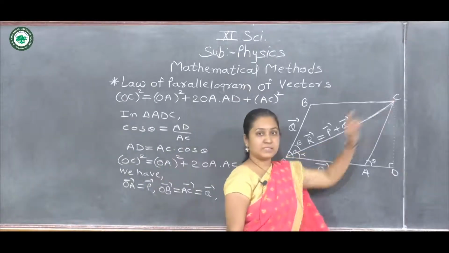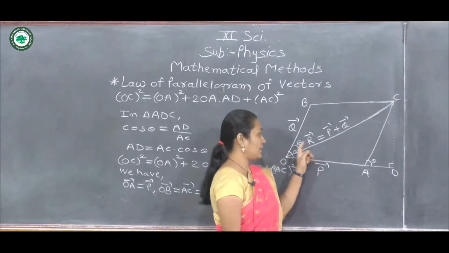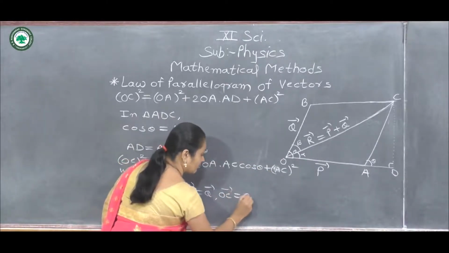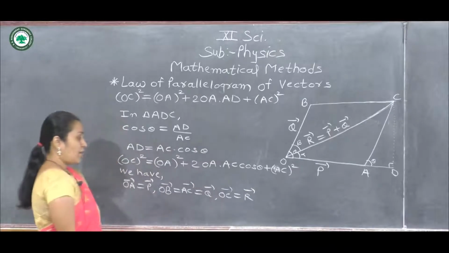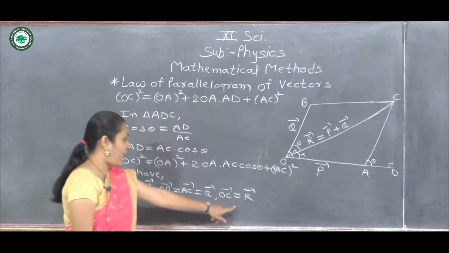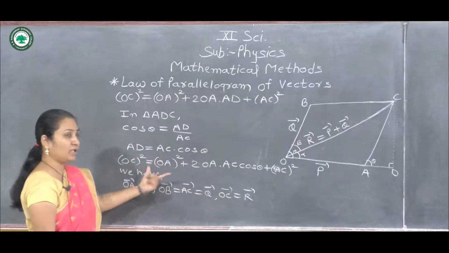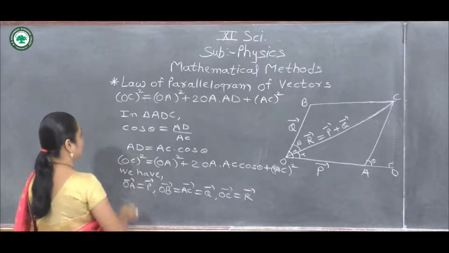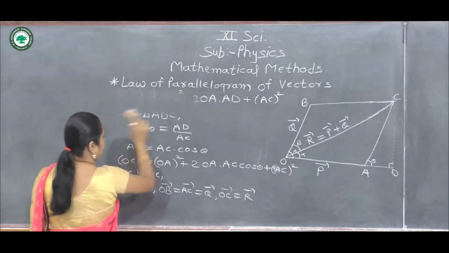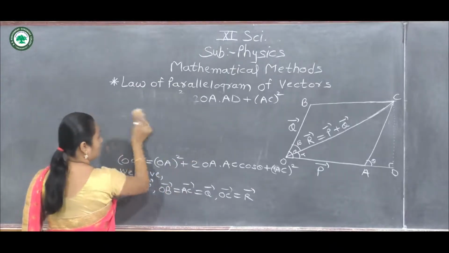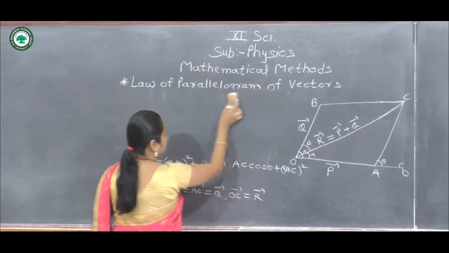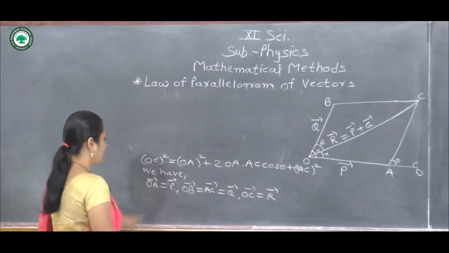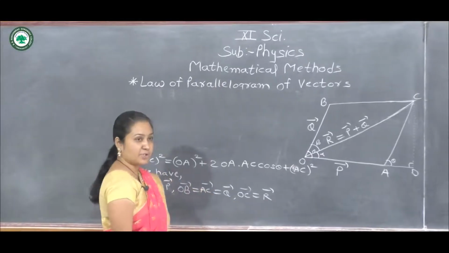Similarly, OC bar is R bar. So now by using these values in this equation, we can simplify the equation. Instead of AC, we can substitute Q.